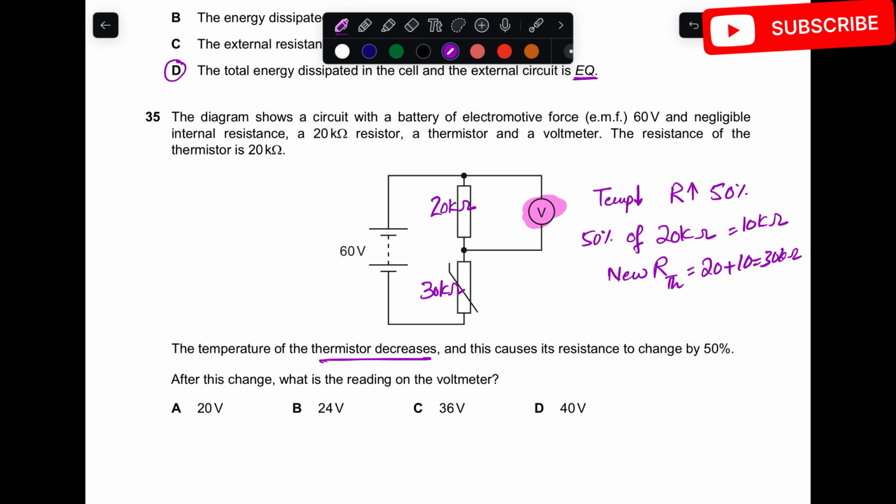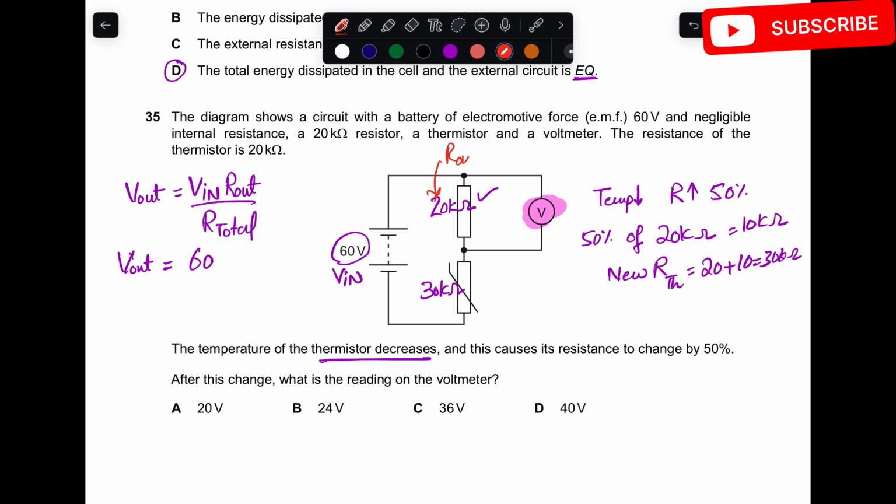That is V out is equals to V in multiplied by R out divided by the R total. Okay, so V out is basically this thing. V in is 60, this is V in, and this thing will be the R out, from where you are getting the output voltage.